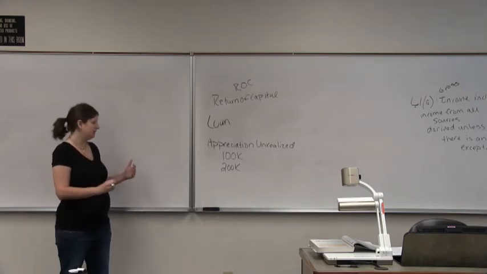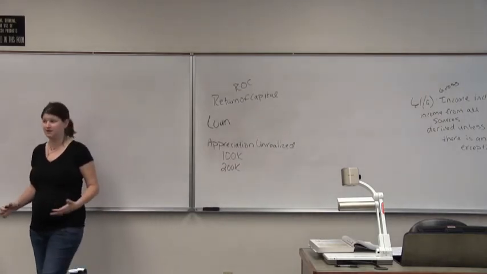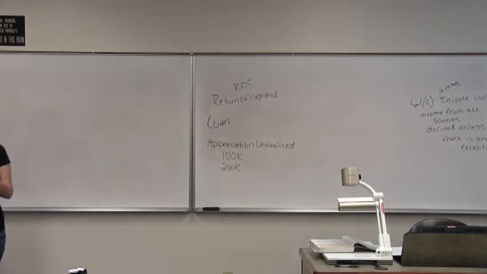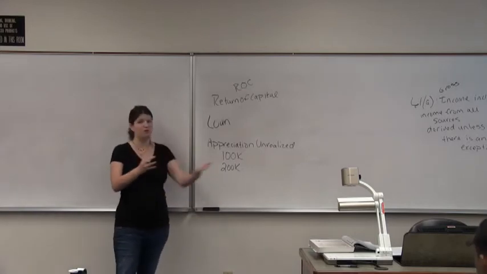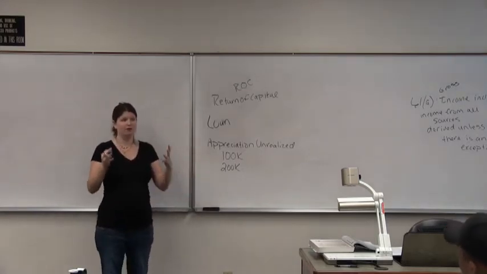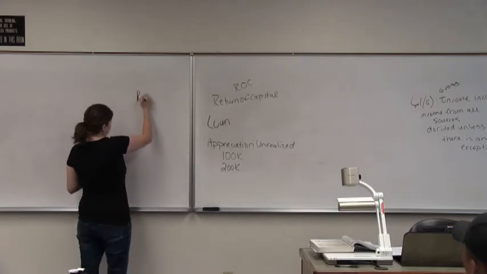Does that mean I now have $100,000 of income? No. All that means is the value of my property has gone up. But until that property is disposed of, there is no what we call recognition event in the tax law.